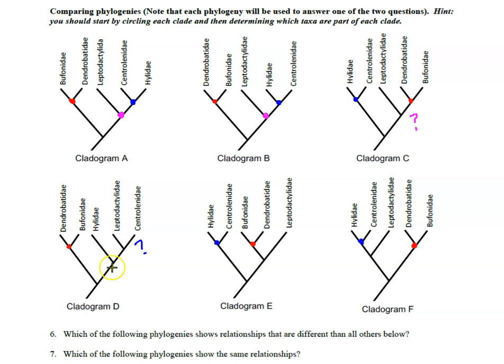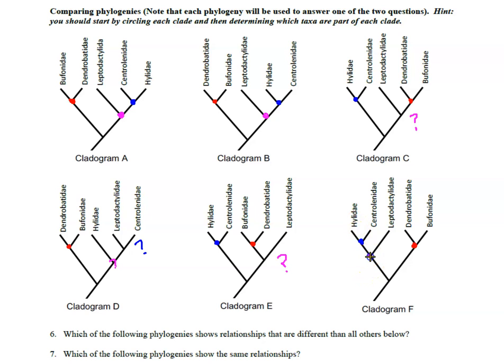Because we have this strange branching here. So I'll put kind of a maybe there. It's a different relationship than we have predicted, so it's not exactly the same. And here, let's see. L, is it with C and H? No, it is not. We are missing that node here. Is L with C and H over here?